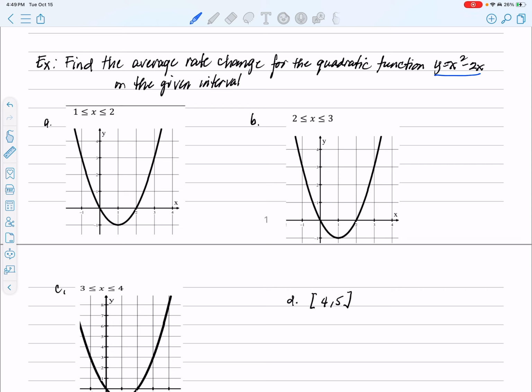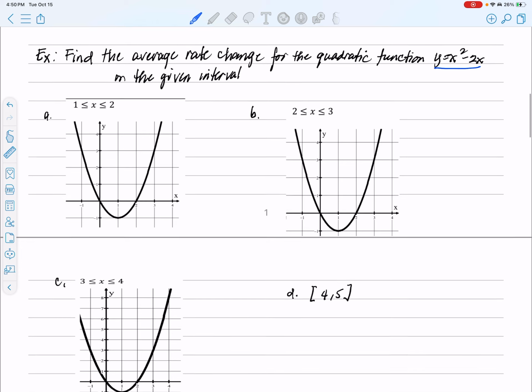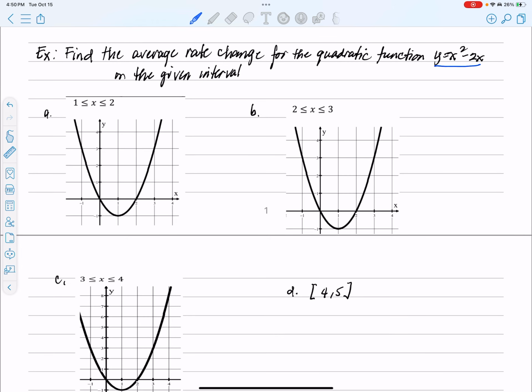For linear, the x is to the first power, to the degree of 1. Here we have a quadratic function, y equals x squared minus 2x, on the given interval. The interval is 1 to 2.